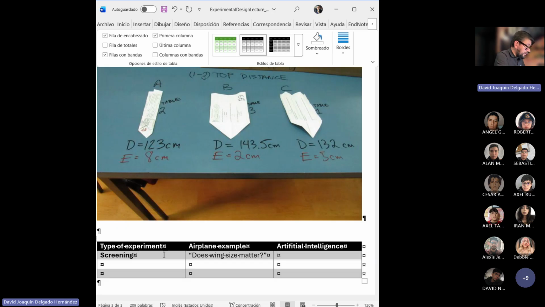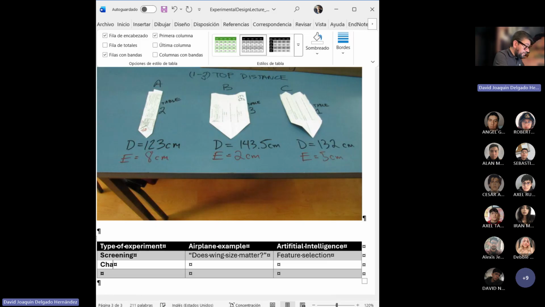So I am choosing a feature selection. So I am establishing that wing size is a feature that I have to study in my airplane in order to determine whether it is important in the final distance that the airplane flew.